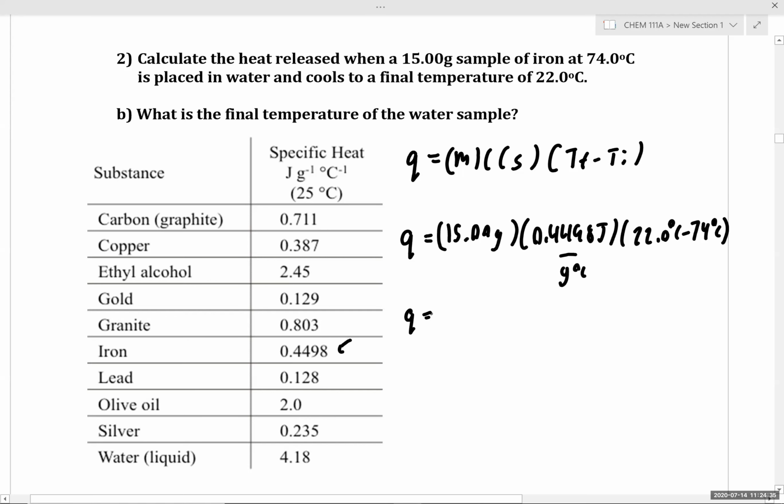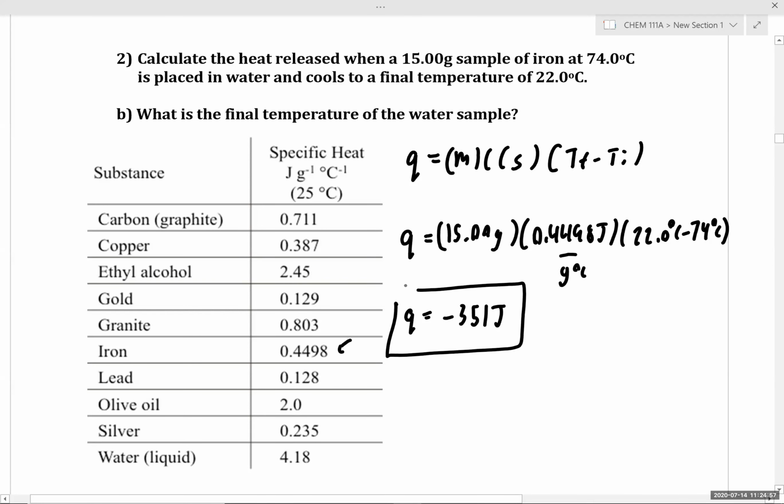So punching this into our calculator, that in turn gives us 22 minus 74 times 0.4498 times 15. That in turn gives us negative 351 joules.